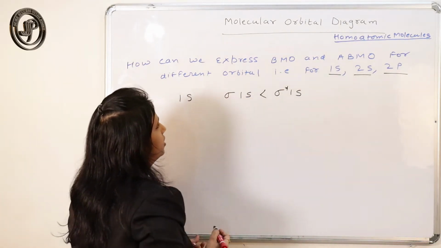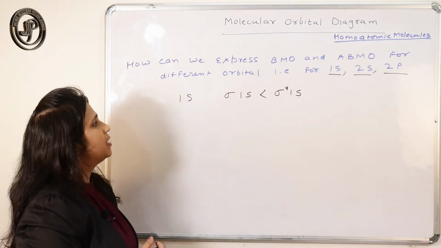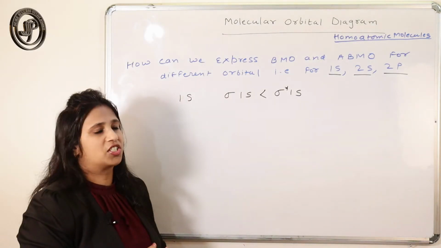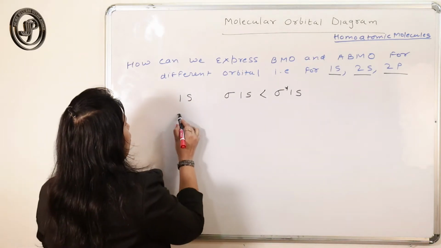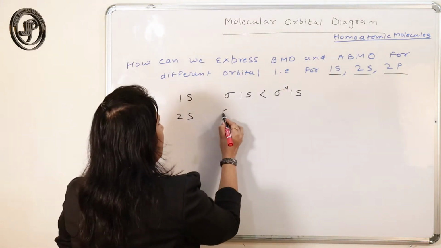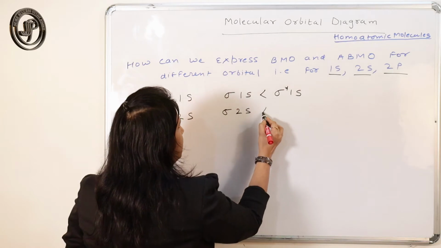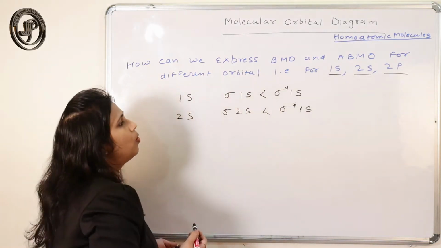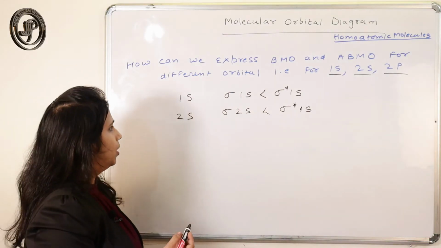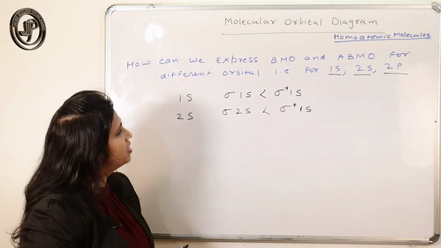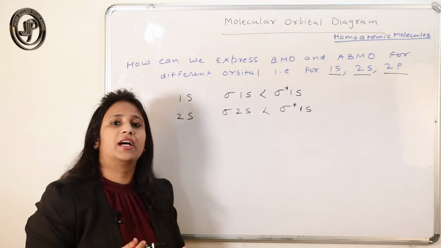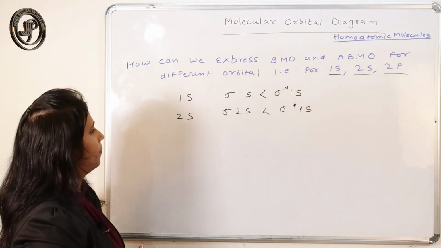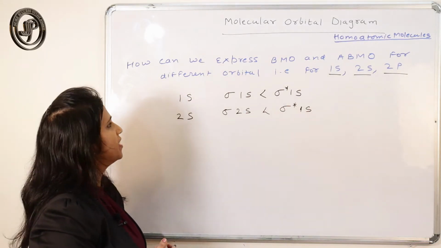Similarly, for 2s, I can write sigma 2s and sigma star 2s, because no pi bond comes into the picture. Only the sigma bond is there, only end-to-end overlapping takes place, no sidewise overlapping takes place in 1s and 2s.